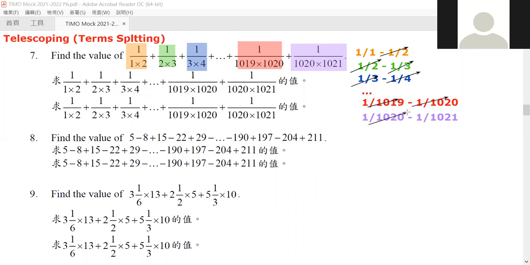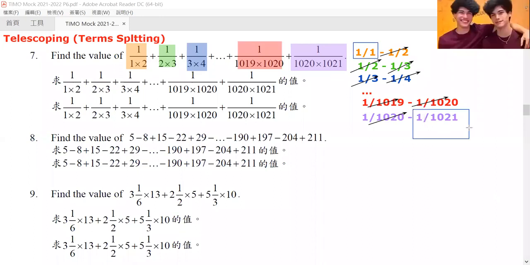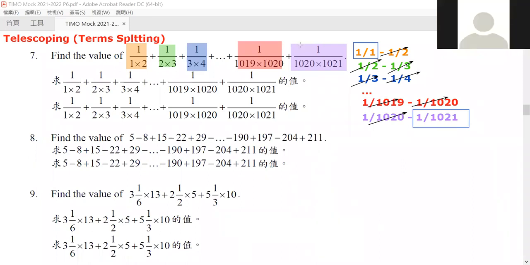The only thing that does not cancel out is the first and the last term, 1 over 1 minus 1 over 1021. So our answer is 1 over 1 minus 1 over 1021, and this is our answer.